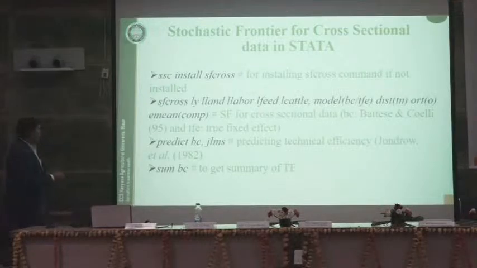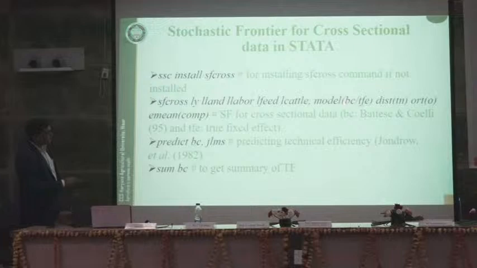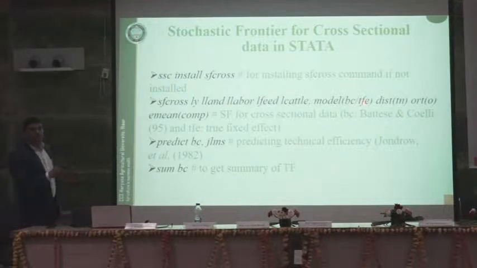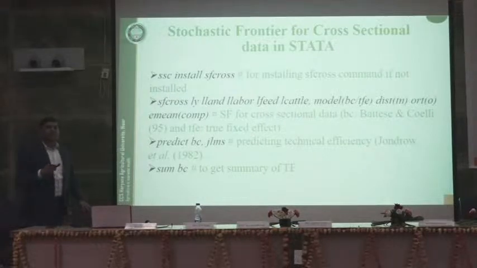So this is the command sfpanel. Simply you can write the dependent variable, then independent variables, and this is the model. These are the models. Model is say BC. BC is this model, but it is the Battese and Coelli model in 1995, and TFE is the true fixed effect model, and this is for distribution.